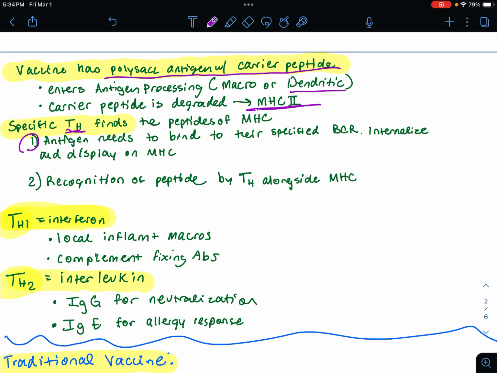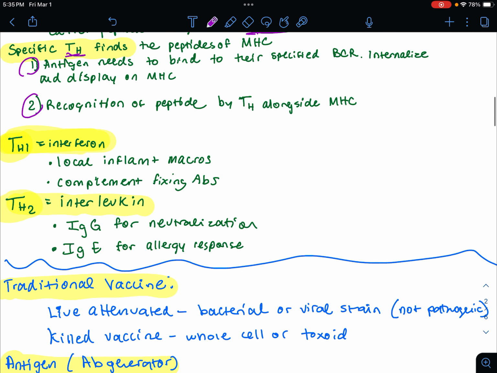B cells also display the MHC. Number 2, this is the second signal that the B cell requires for activation: the recognition of the peptide on the MHC by the T helper cell, and the activation of that T helper.